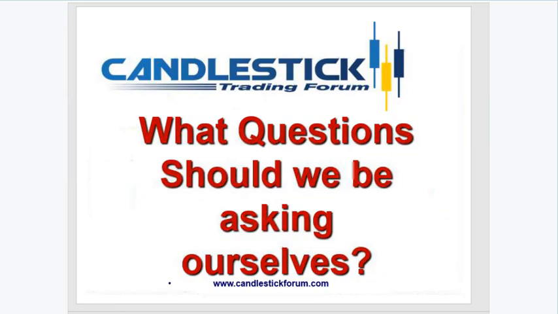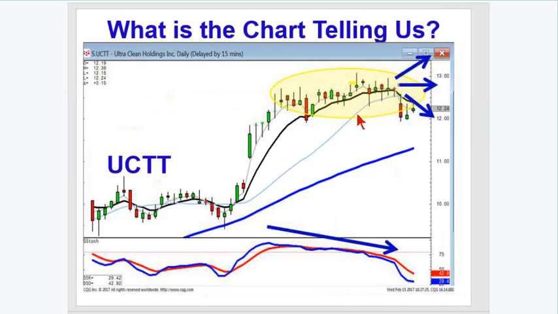So what questions should we be asking ourselves when we're evaluating one of our positions? What are our probabilities? At this point, they couldn't seem to do anything decisive. We didn't know whether they were going this way, this way or this way.